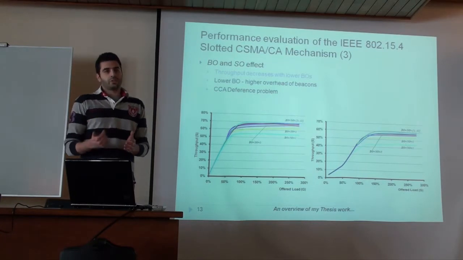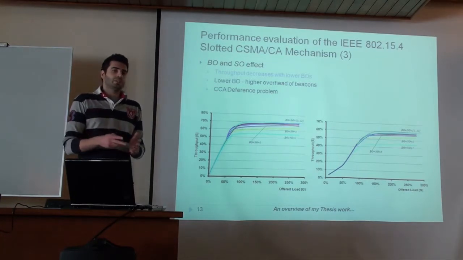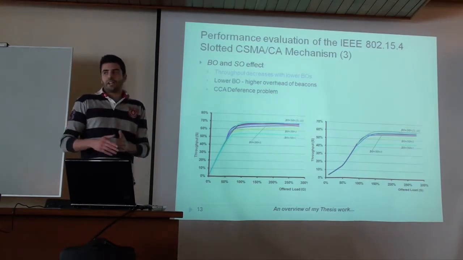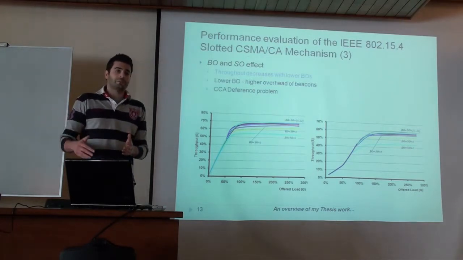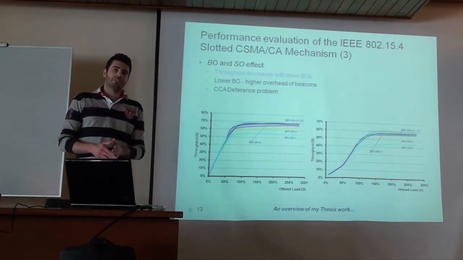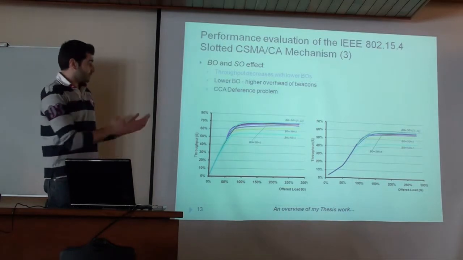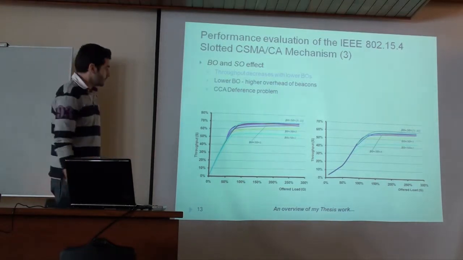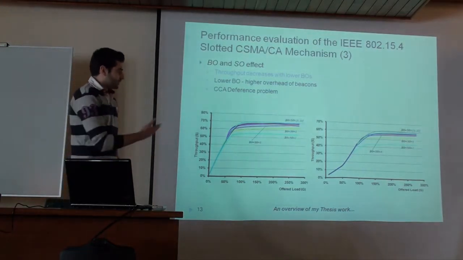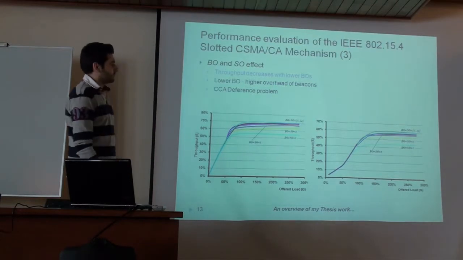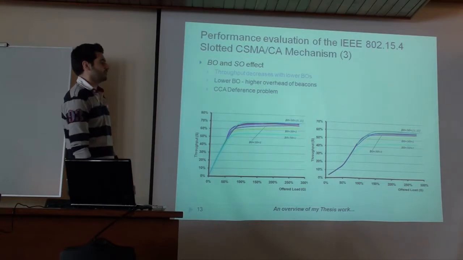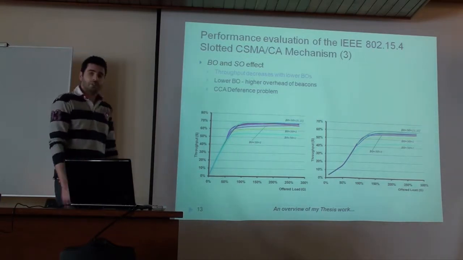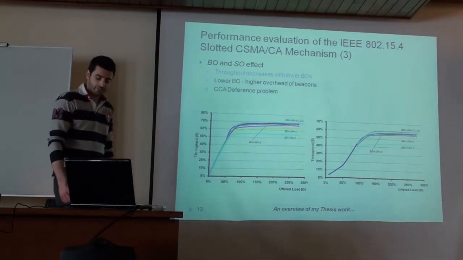But when you transmit, you just do 2 CCAs and then transmit that frame. Every other device is going to do the same, which means that there will be collisions. This is especially visible with lower beacon orders. So the results are very similar, although there is some difference, 10% or 15%, between the two scenarios, but the behavior is the same.